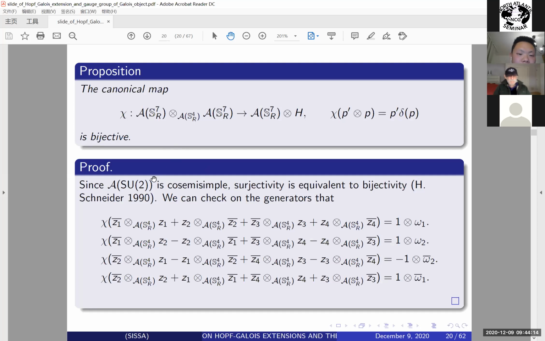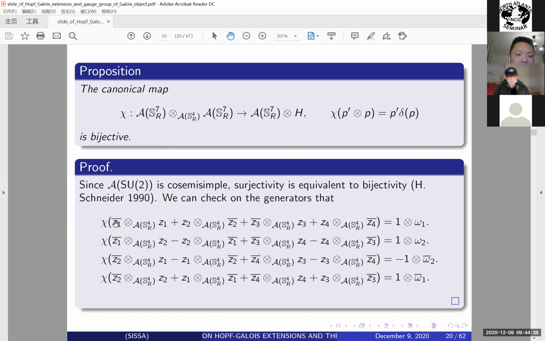Since in this case the Hopf algebra A of SU2 is cosemisimple, we only need to show the canonical map is surjective, and moreover, since the canonical map is left A-linear, it is sufficient to show each generator of the Hopf algebra has a pre-image under the canonical map.